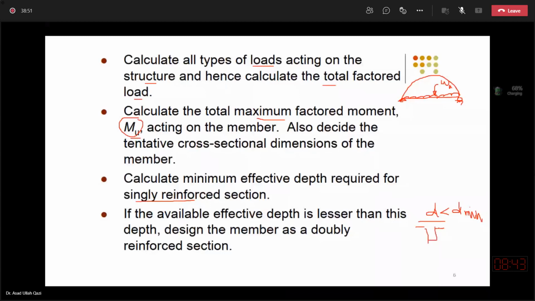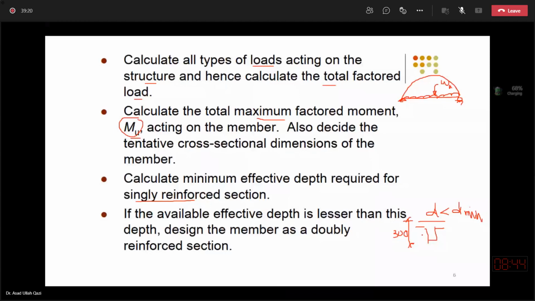If this is the restriction, then don't forget, you can't violate the serviceability requirements. That serviceability you still need to fulfill, because otherwise this beam will give you offensive sag. Immediate deflections will cross the permissible. So you need to check carefully that even in doubly beams, serviceability will still govern.